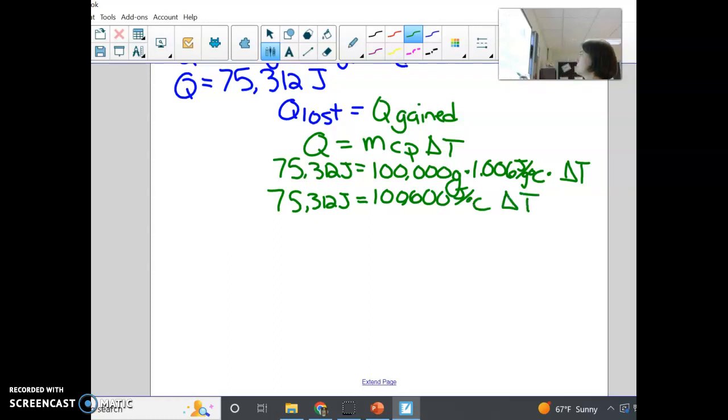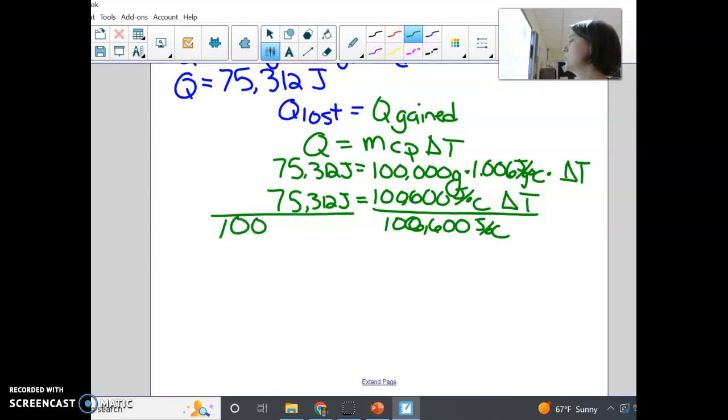Whew. So now I have a variable, and so I want to get that variable by itself. So I divide by 100,600 joules per degree Celsius, and whatever I do on one side, I have to do on the other. Okay, these cancel out, and on the right side, I'm left with delta T. And then on the left side, I'm going to have to grab out my calculator.